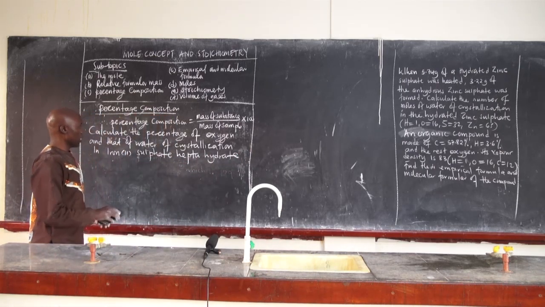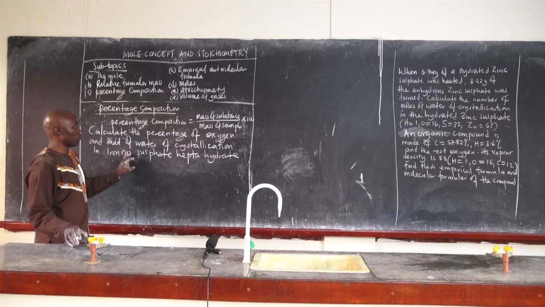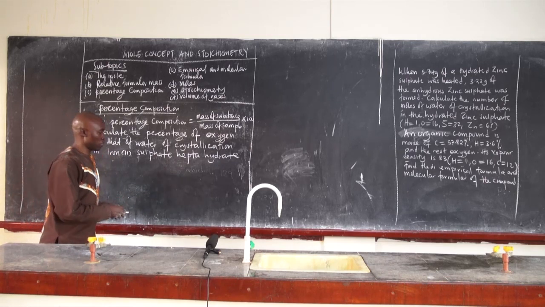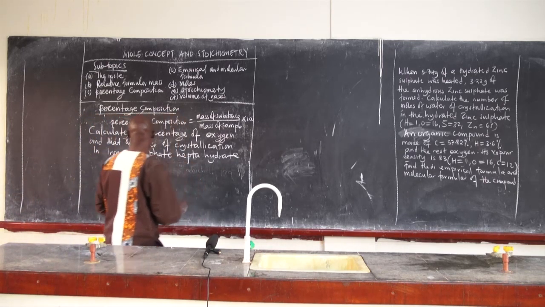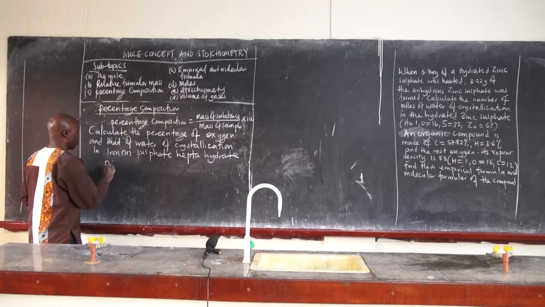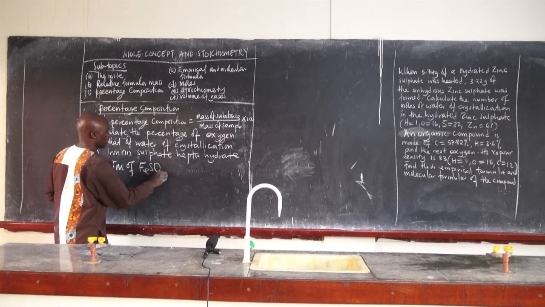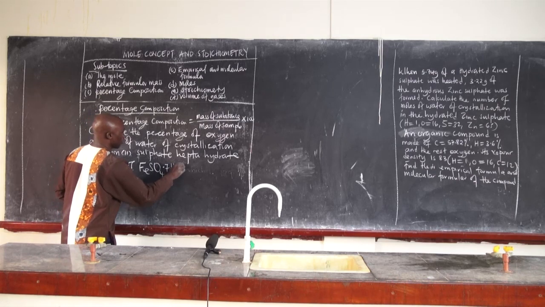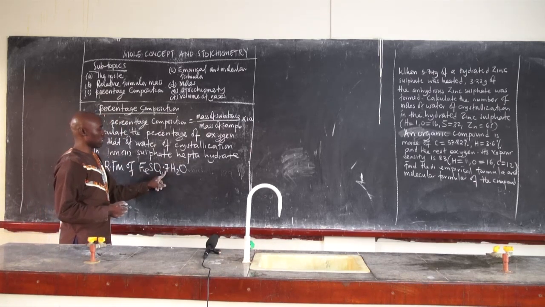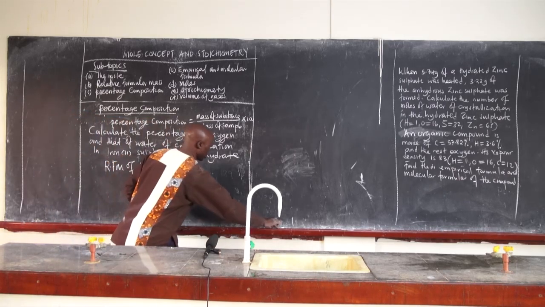So now to calculate the percentage of oxygen and that of water, we need first the mass of the sample, which is actually the relative formula mass of the whole sample. So the very first step, I'm looking for the RFM of iron 2 sulfate heptahydrate. Check on my video how to write these chemical formulas. When they say hepta, it means 7, hydrate means water, so we add 7 water molecules to it there.